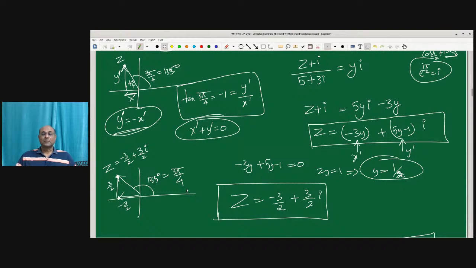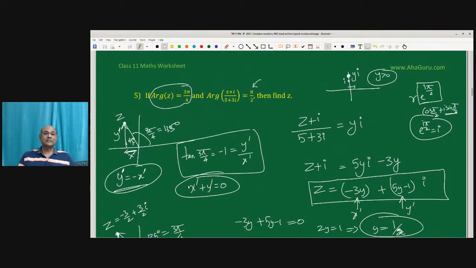Understood? I started out by using this. You could have started out by using this. You can say, well, let's say z was x plus iy. Argument is 3 pi by 4. So therefore, x must be negative and y must be positive. They must both be equal. So I will write this as minus k plus i times k. I won't write x and y. I'll use this.